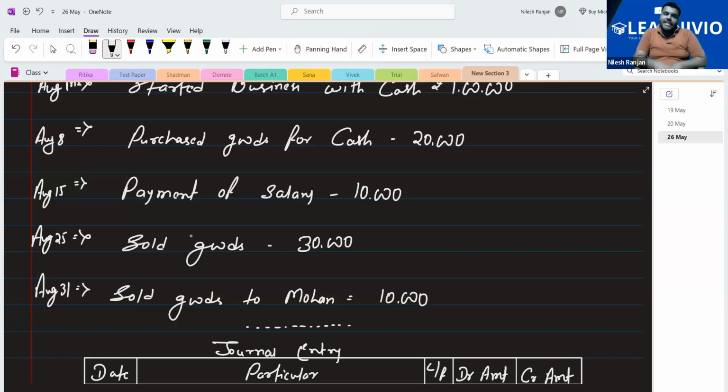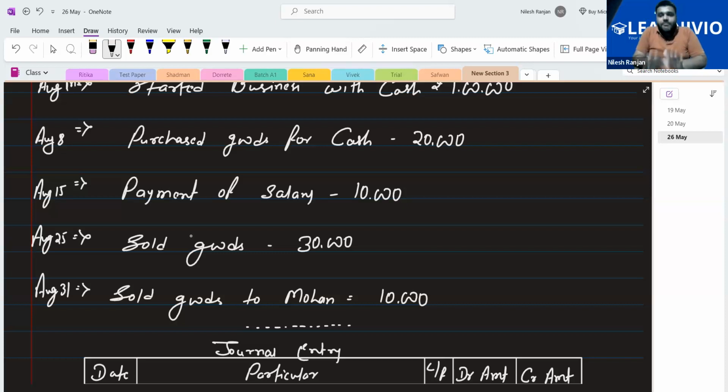Okay. In the second transaction, sold goods to Mohan, which two accounts are included in that? One is the sales account. Obviously, we are selling the goods. The second one, very good. So in the second transaction, you can easily find the sales account and Mohan account because it is written. But in the first transaction, you are not able to find it.